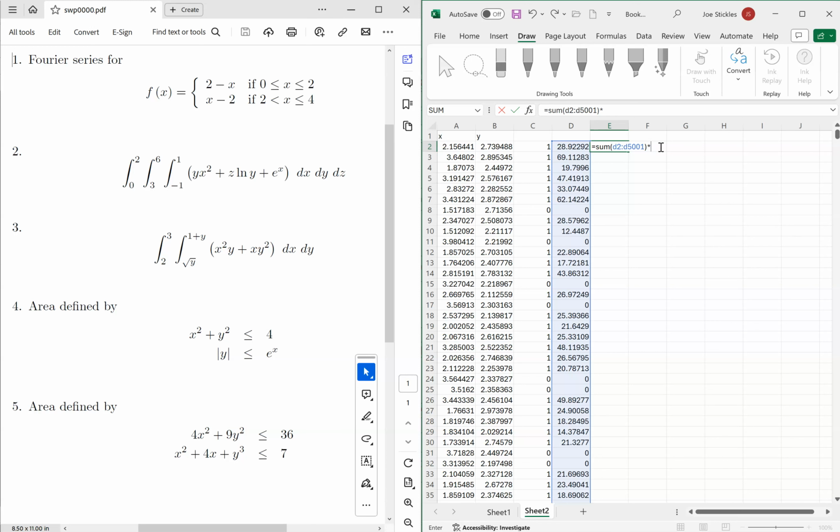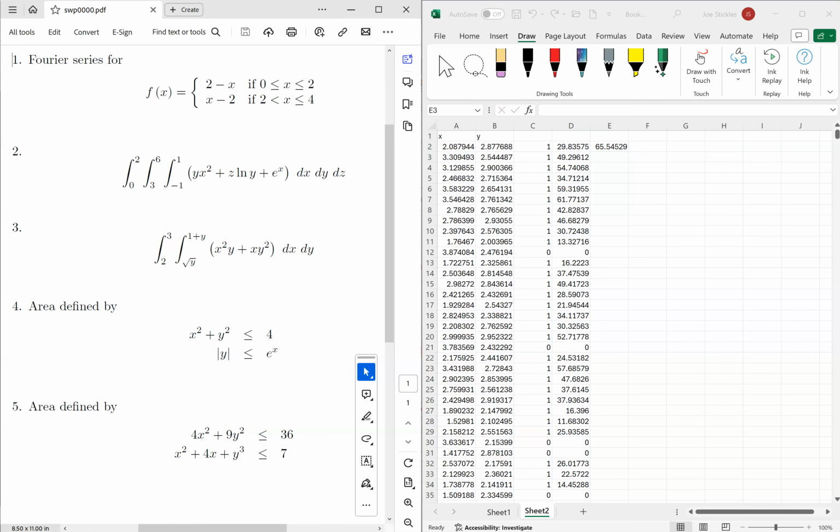So when I do my estimate for my dx dy, that's what I'm going to use. I'm going to multiply this by 4 minus square root of 2. That's my x interval. My y interval is 1, so I don't need to multiply it by anymore. So 4 minus square root of 2 is the area of the rectangle that we used to pick all of these points, and I'll divide it by 5,000 to get us our dx dy approximation.